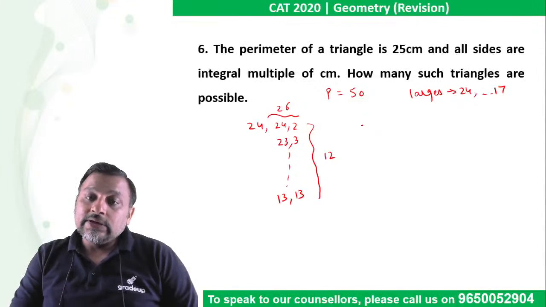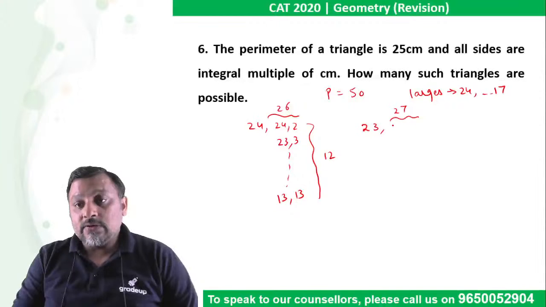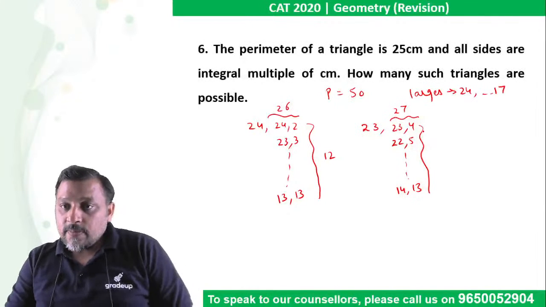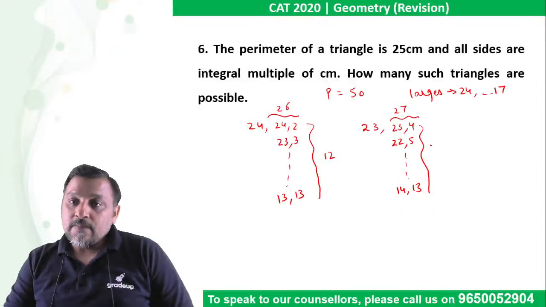So next is 23. Sum of other two is 27. And so on till 14, 13. So this is how much? 10.